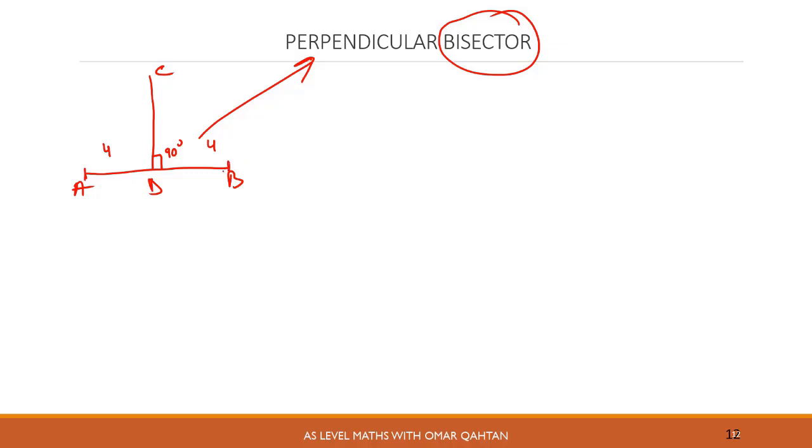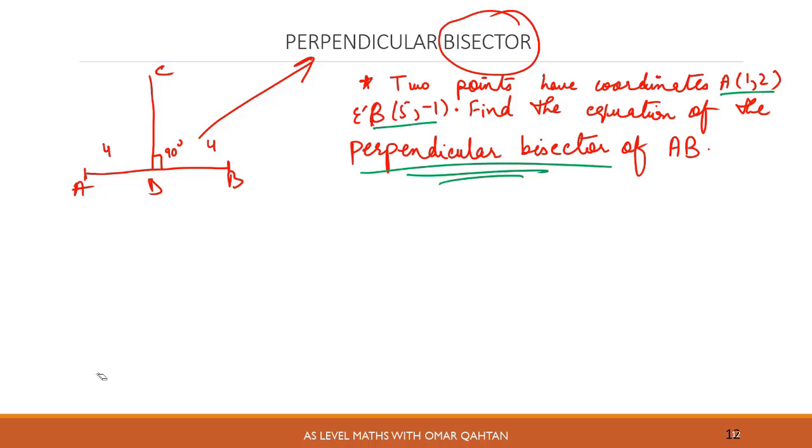Now we have to see how we actually find the equation for the perpendicular bisector. Let's take a question. Alright, let's draw a diagram first. We've been given AB. We have to look for a line which is bisecting this line AB, and this should go through the midpoint.